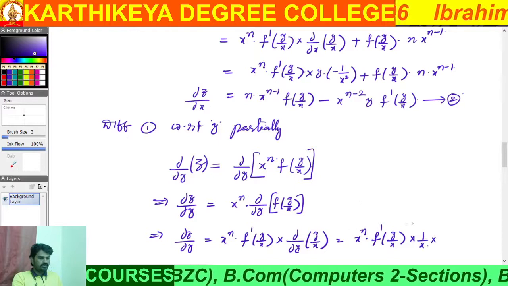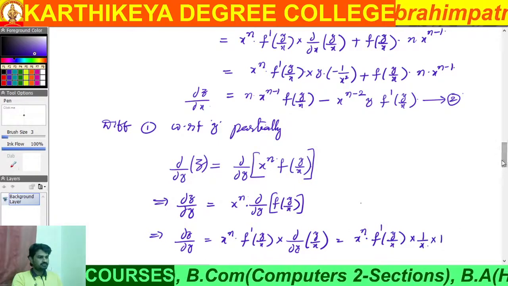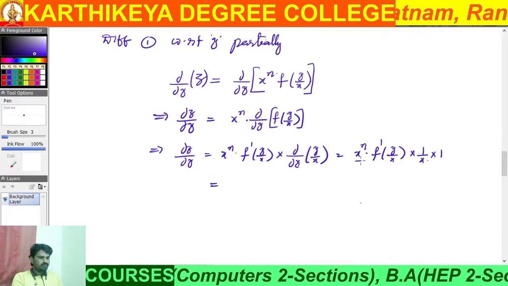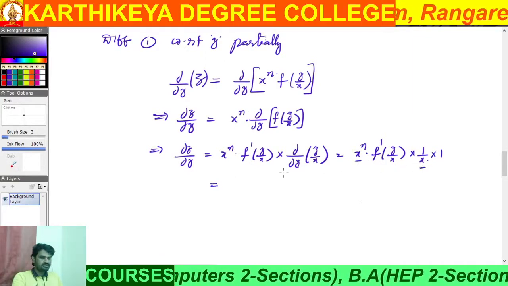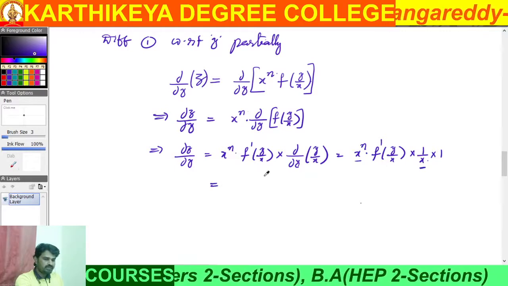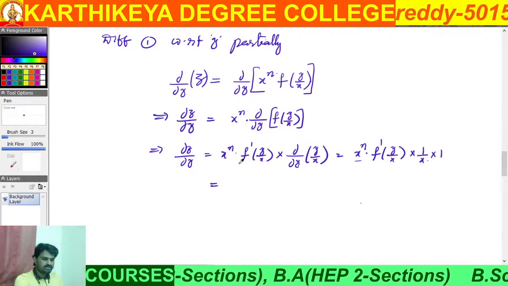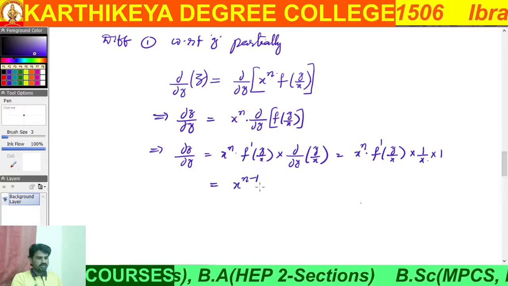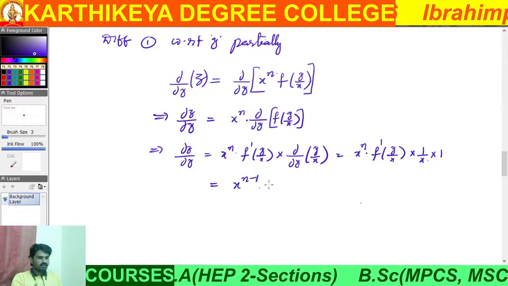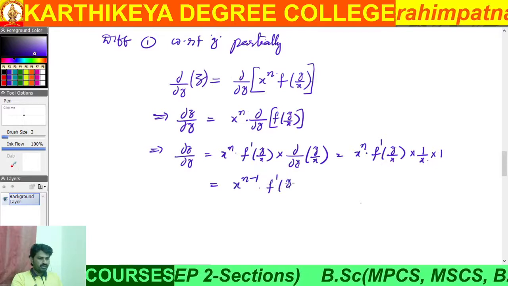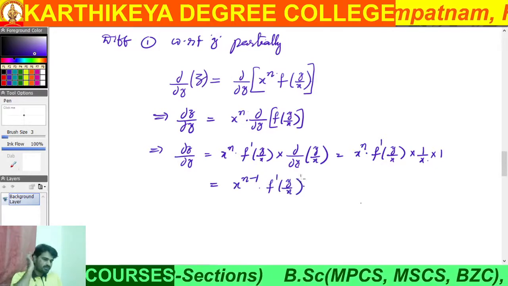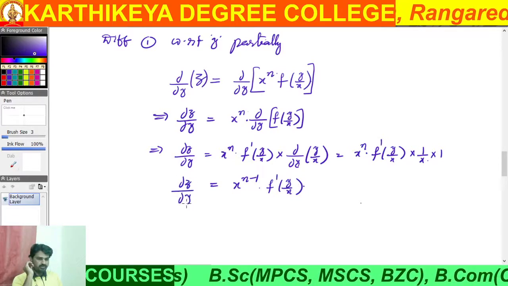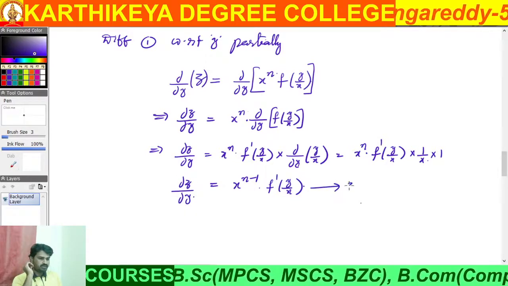Now the derivative of y with respect to y is 1. So finally you get x to the power of n, and 1 by x is there. If you simplify that, you can write x to the power of n minus 1 into f dash of y by x. This is the value of dou z by dou y. Let it be equation number 3.